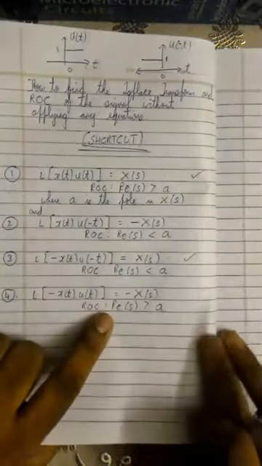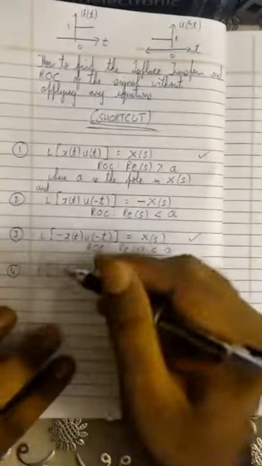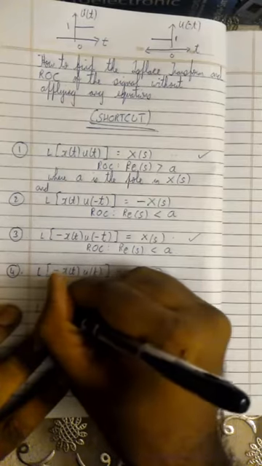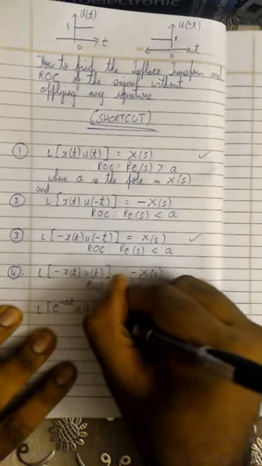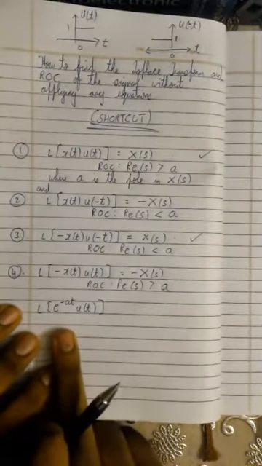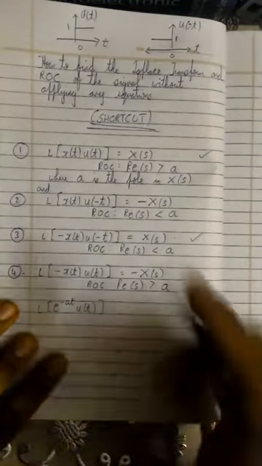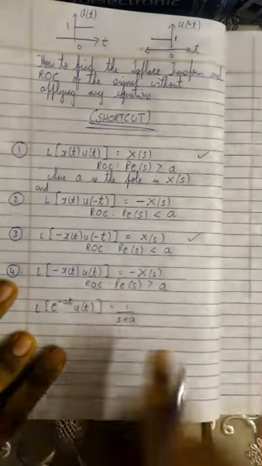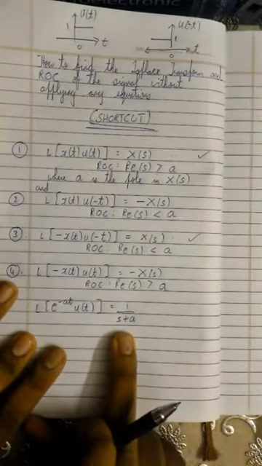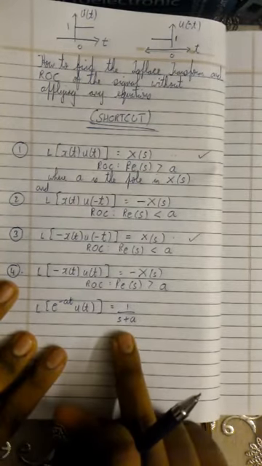Let me give you an example. Suppose I want to find the Laplace transform of e raised to minus at u of t. We all know the Laplace transform of this: the answer is 1 by s plus a. So how do I find my ROC?